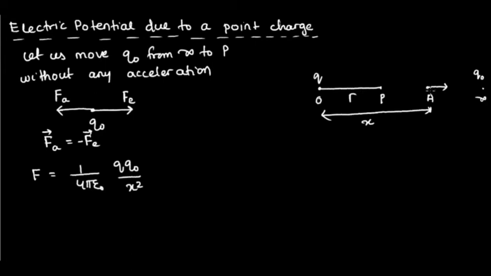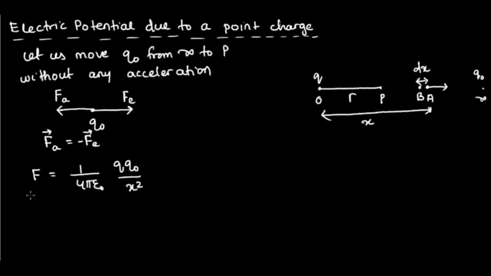Okay. Now, suppose I displace the charge Q naught from point A to the point B, such that these 2 points are separated by a small distance dx. The distance between A and B is dx.